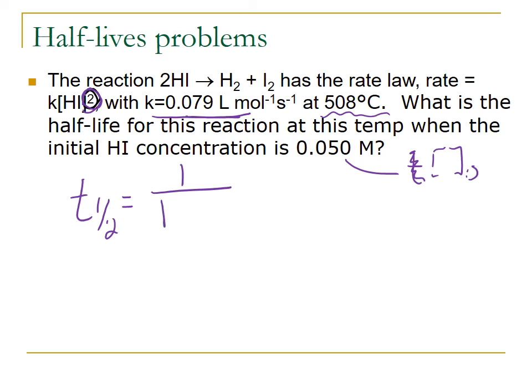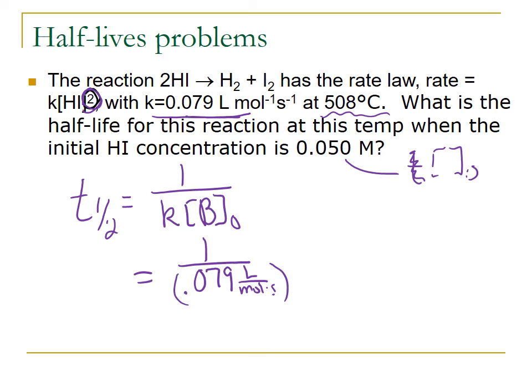So this is going to be 1 over k times the initial concentration. In this case, we have 1 over k is 0.079. If we look at our units, it's going to be liters over moles second. And then we multiply that by the initial concentration, which in this case is 0.05 big M, or moles per liter. That means the moles and the liter cancel. It's going to leave you with seconds at the very end.